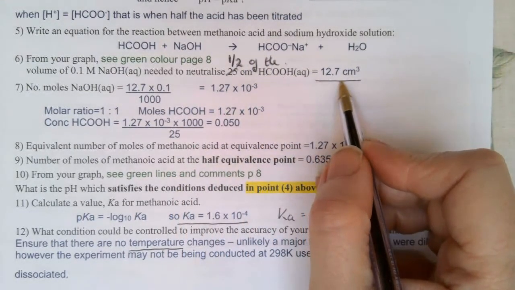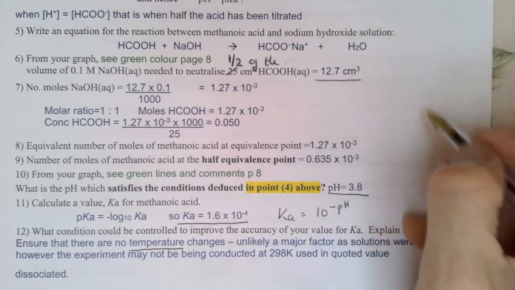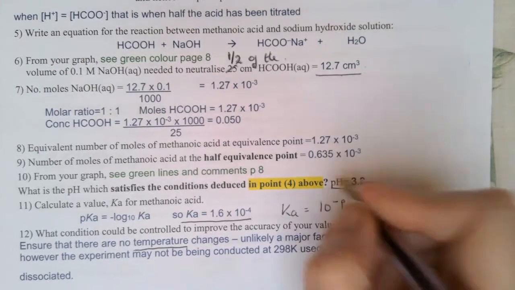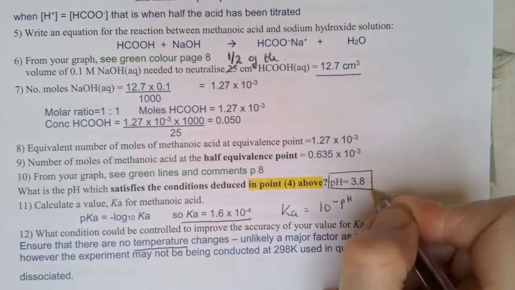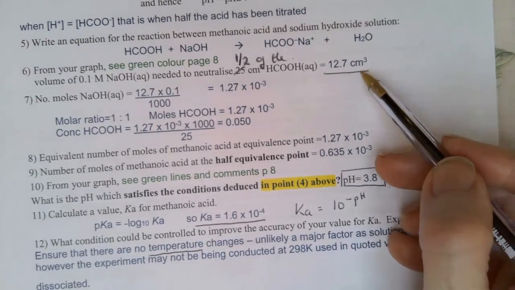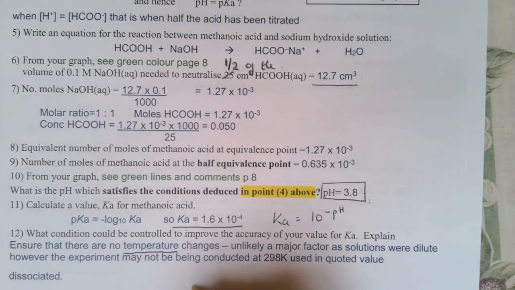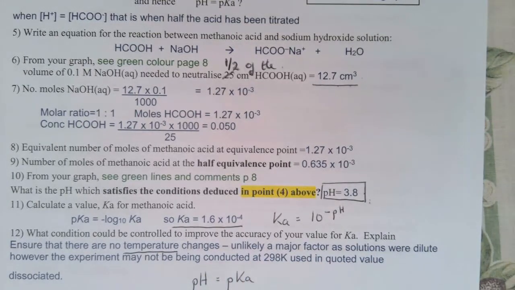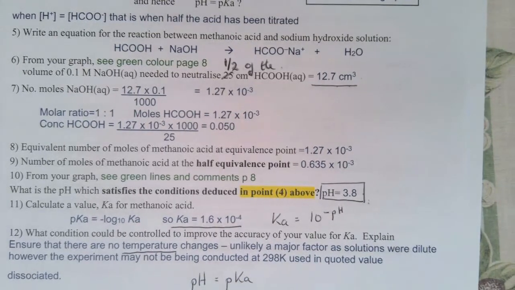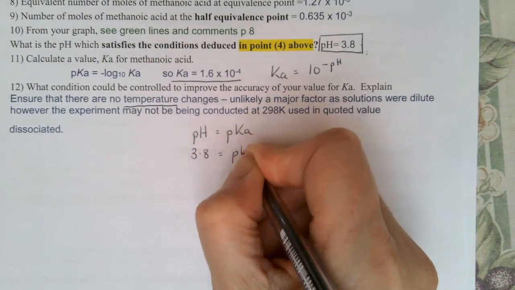So that's my half neutralization, my half equivalence point. I can just read off the graph. So I'm interested in this value here, and I can work out that the pH at this point, at 12.7 centimeters cubed, was 3.8. And I know, because of my equation, the pH equals the pKa at that point. So then I know that 3.8 equals the pKa value.